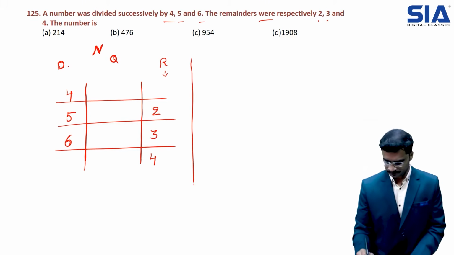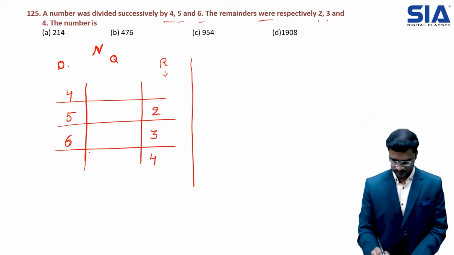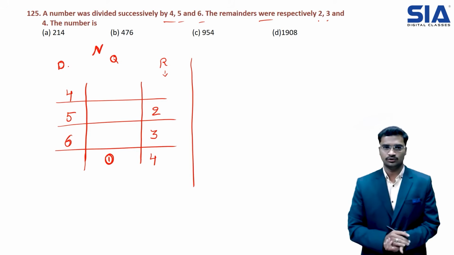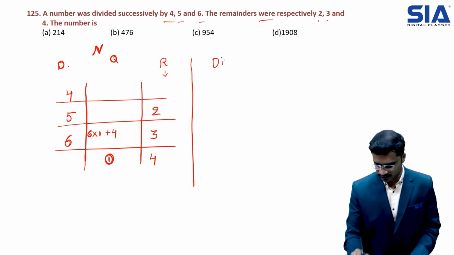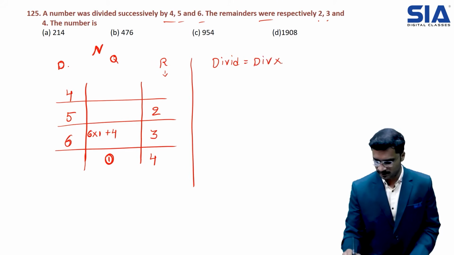So let us assume 1 is the quotient here. Then the first dividend will become 6 into 1, 6 ones are 6, plus the remainder 4, because we know that dividend is equal to divisor multiplied by quotient plus remainder.